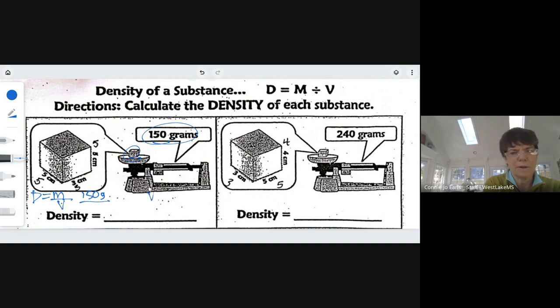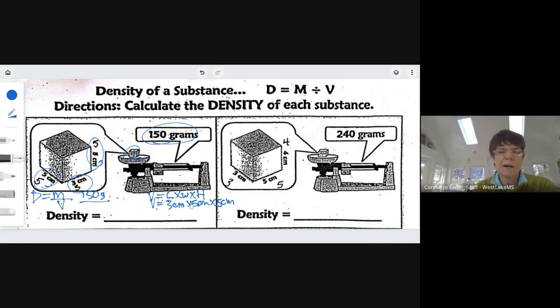Well, we know that volume is length times width times height. So we know this is the length, width, and height right here. This is the length, this is the width, and that's the height. So volume equals 3 centimeters by 5 centimeters by 5 centimeters.